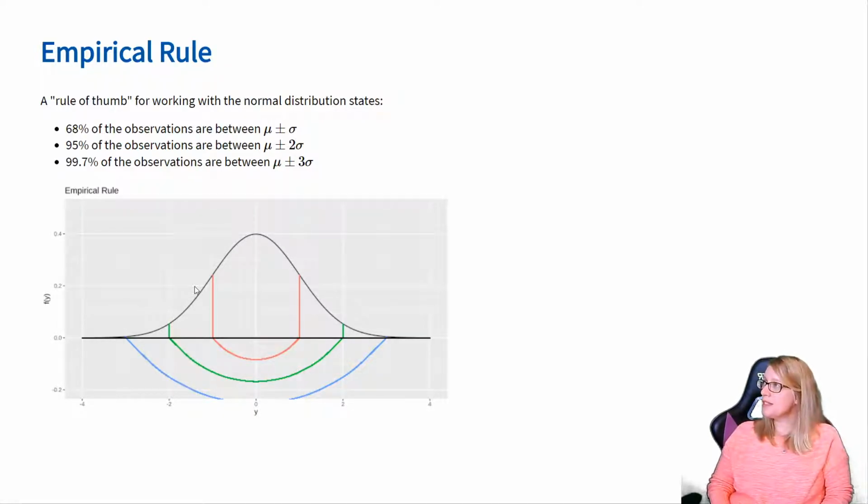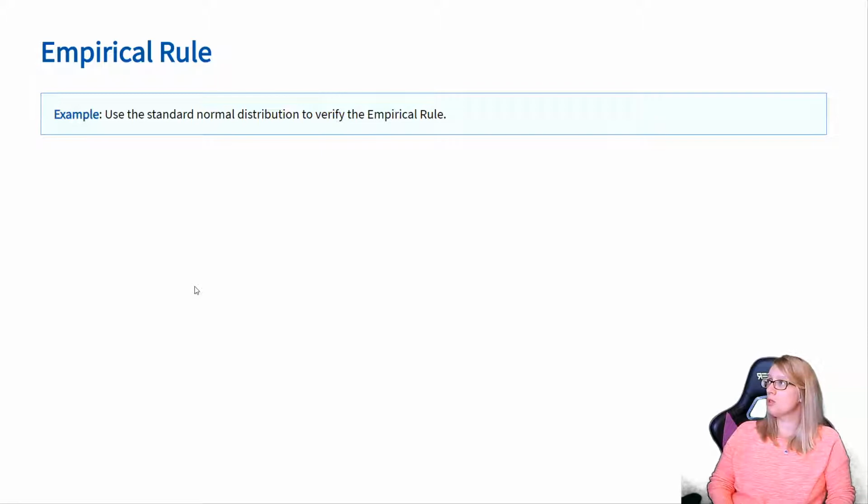About 95% of the observations are within the mean plus or minus 2 standard deviations. And about 99%, or almost everything in this distribution, are between the mean plus or minus 3 standard deviations. So if we're in a situation where we can't, for example, calculate normal probabilities directly, we can come up with some rough rule of thumb ranges with the empirical rule.